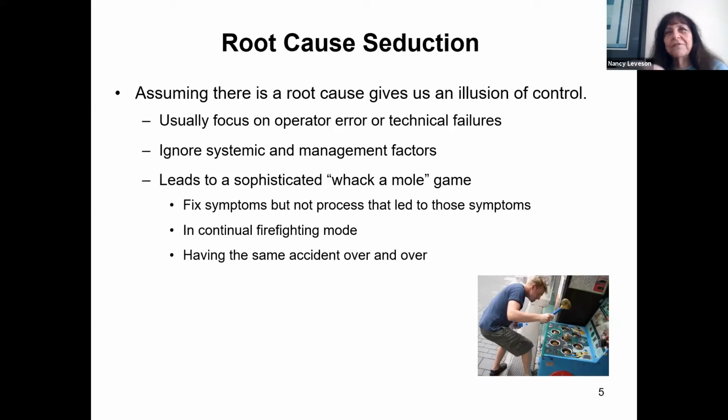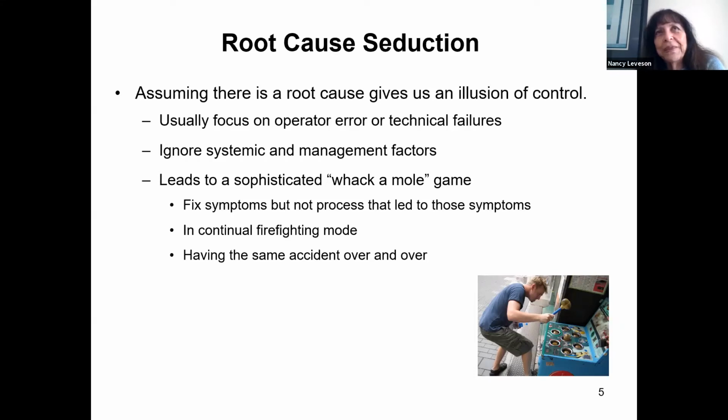I visited a very large refinery, and the system safety people asked to meet with me, and I said sure. And they asked me an interesting question. They said, we have several hundred incidents and accidents a year at the refinery. How do we know which ones we should investigate? Because we don't have the resources to investigate all of them.